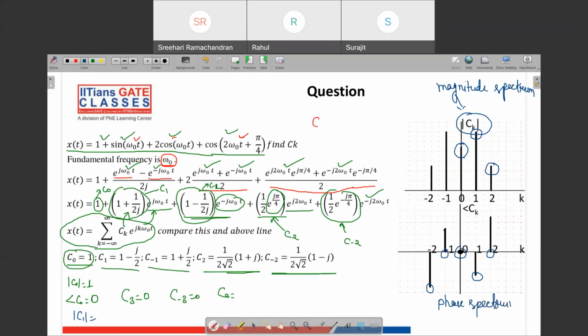Sir, in x(t) there are two terms having the same fundamental frequency, so we should write them in a common sine term, and the magnitude will be root 5, right? Root 5 will be the magnitude in that case. But it will have the phase also, right?